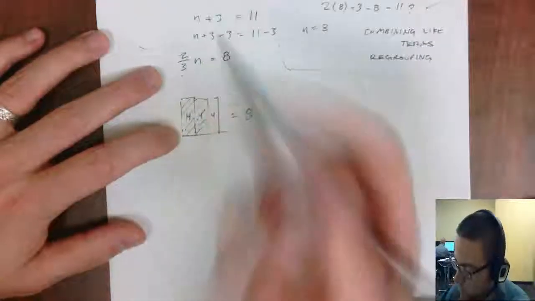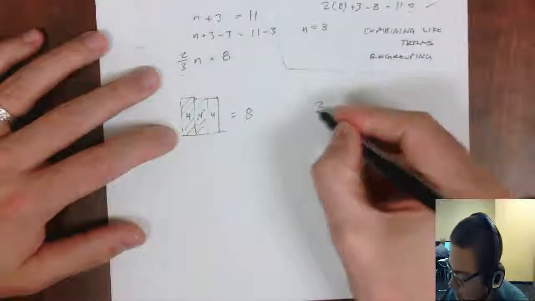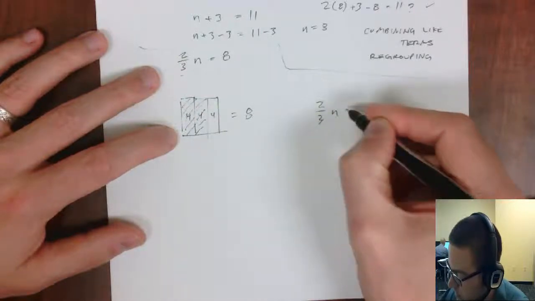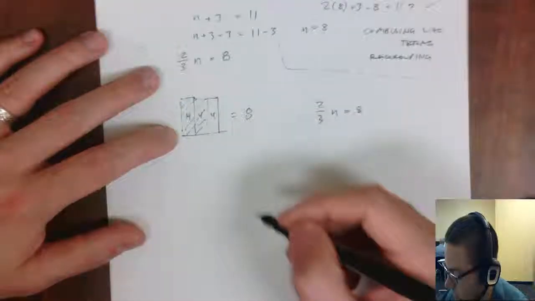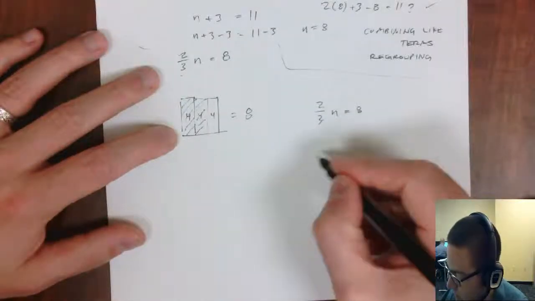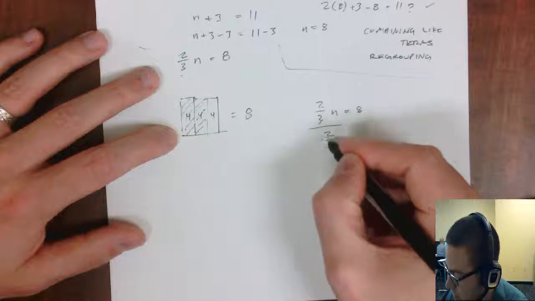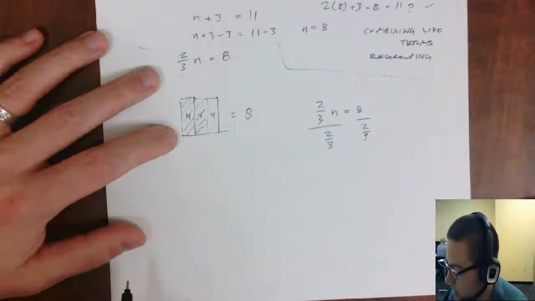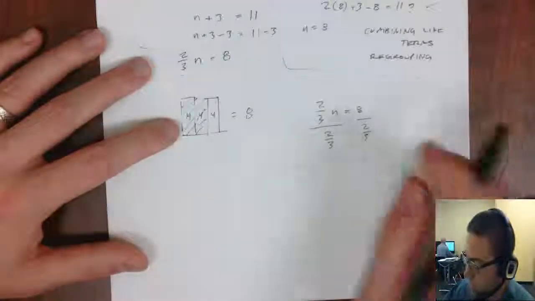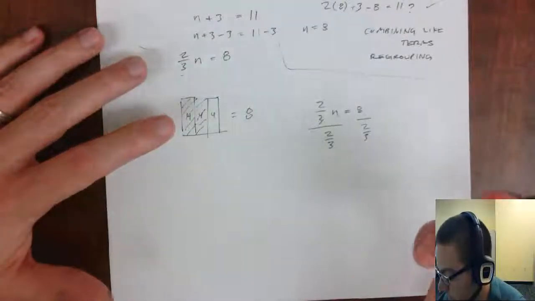If we undo multiplying by 2/3, we could divide by 2/3, right? So how do we divide by 2/3? The typical way is to multiply by the reciprocal, right?